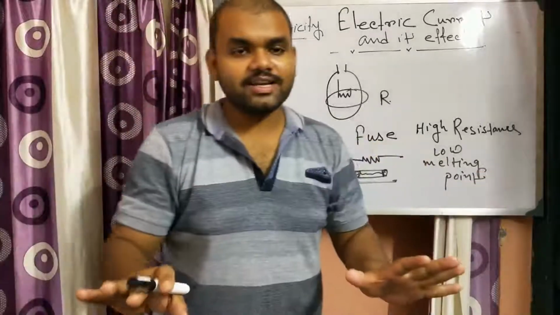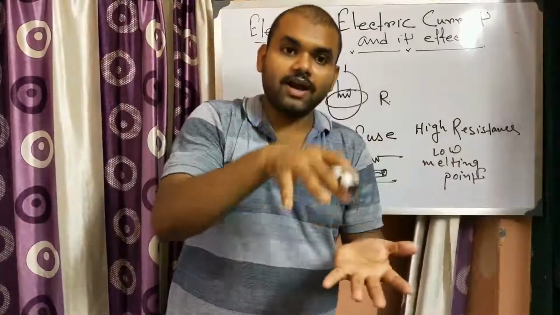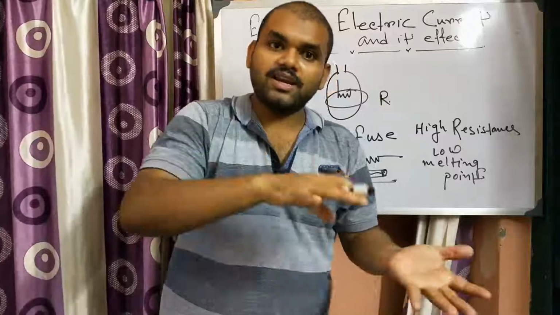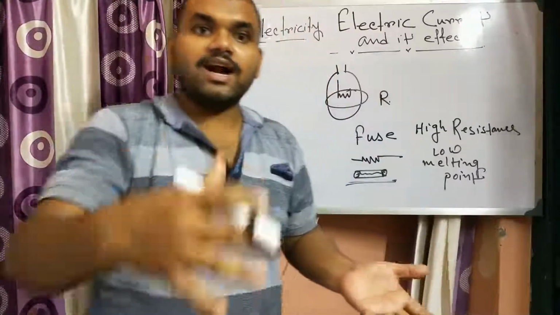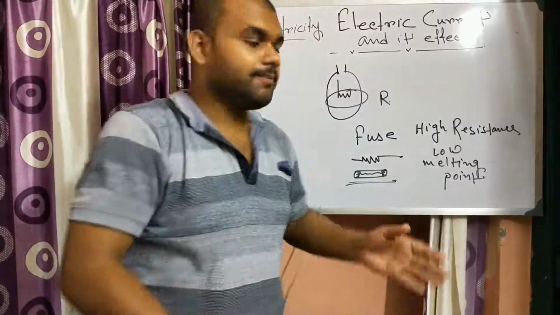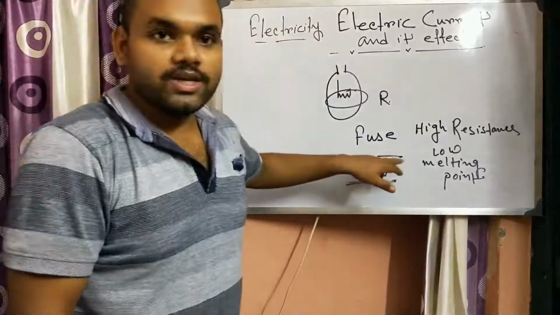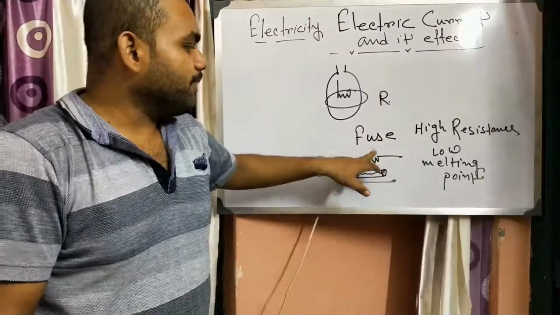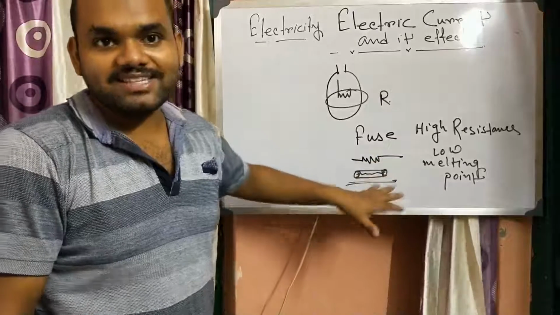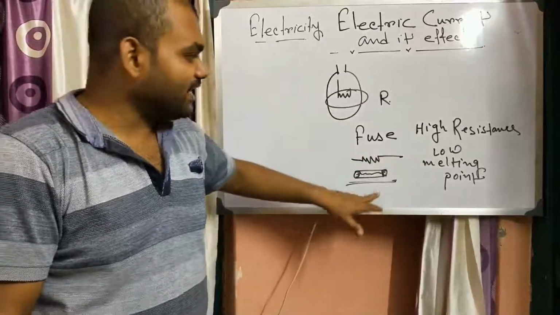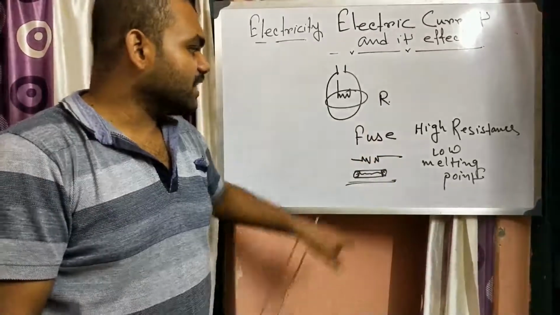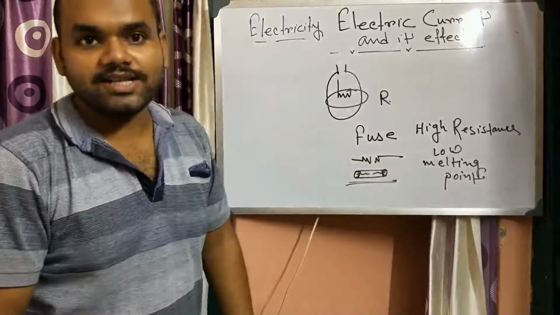Whenever normal current is flowing, nothing will happen. But if the current starts increasing, the wire will become hot and it will melt. As it melts, there is a discontinuity in the circuit.